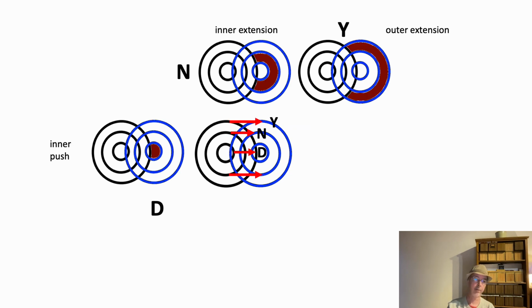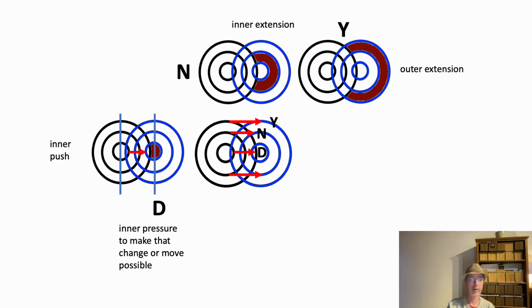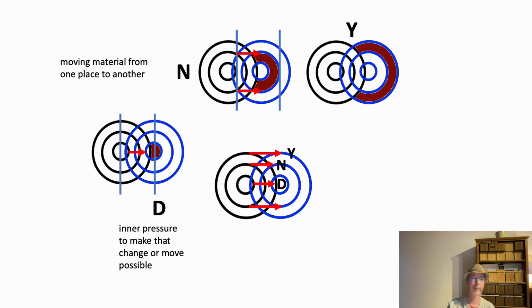Here, expressed again, there will be an inner push with the D, an inner extension with the N, and an outer extension with the Y. This inner pressure in D will make the change or the move possible.